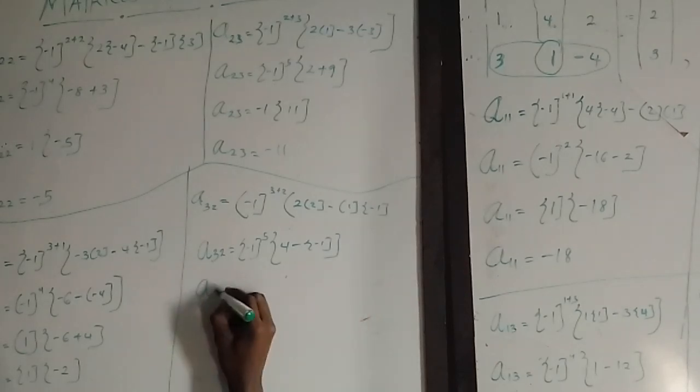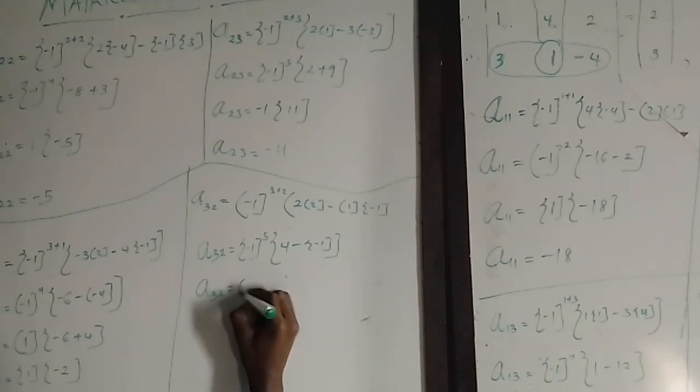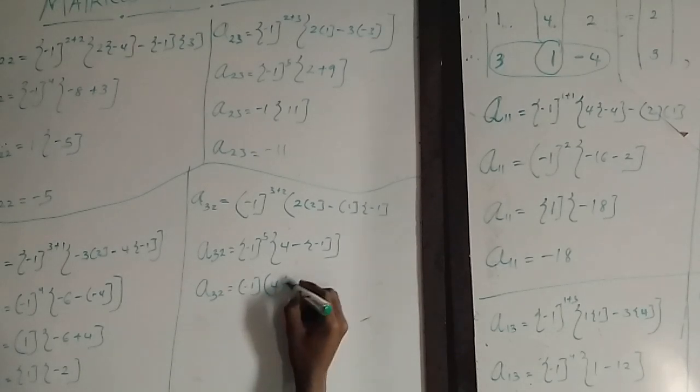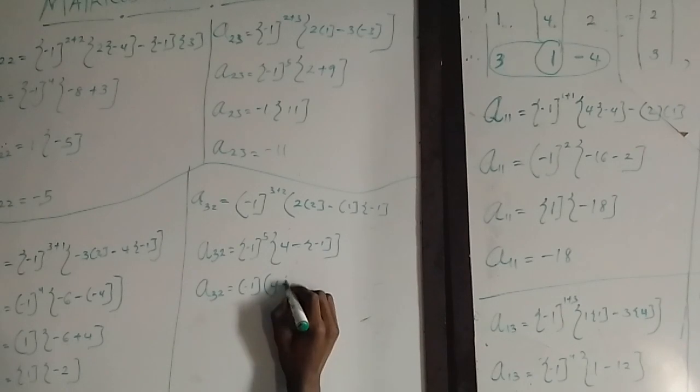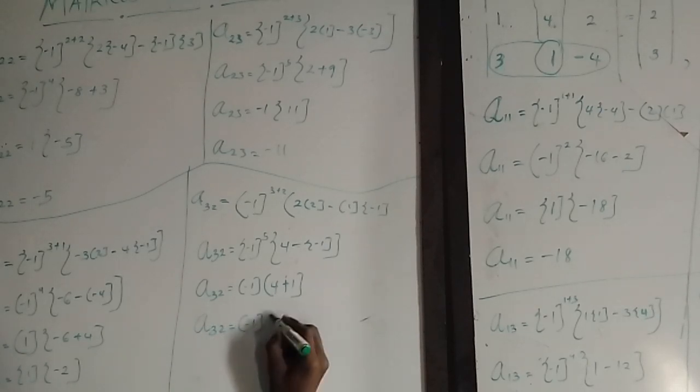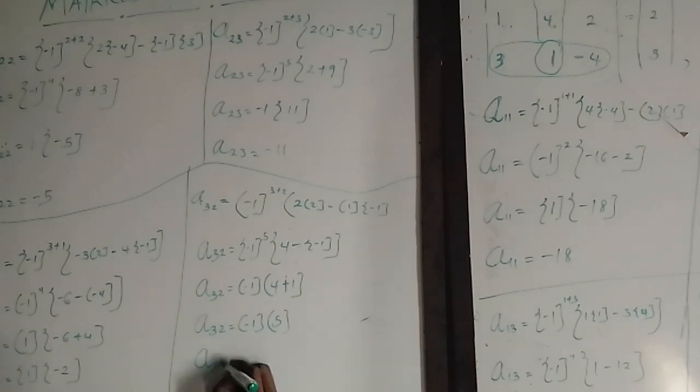You say A32 equals to minus 1, close open bracket, 4 minus times minus will give us plus. So plus 1. So you are going to have A32 equals to minus 1, open bracket 5. So A32 equals to minus 1 times 5 will give us minus 5. So this is the answer for A32.